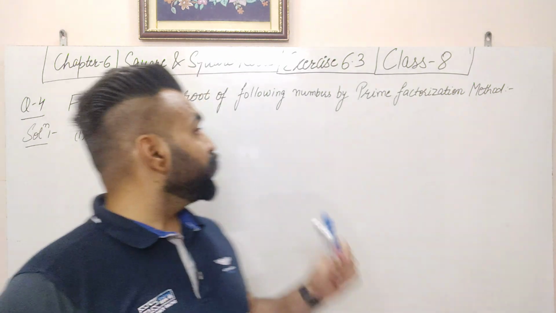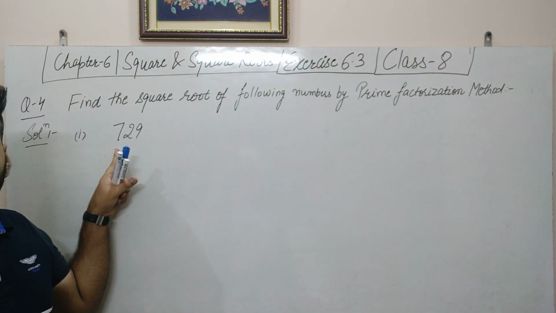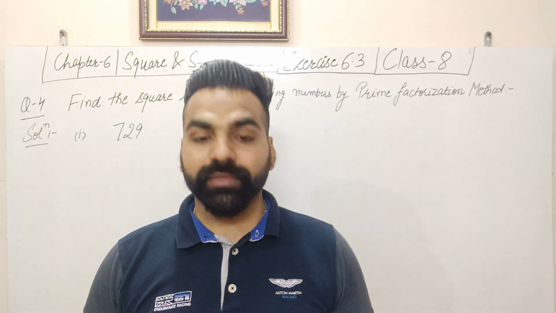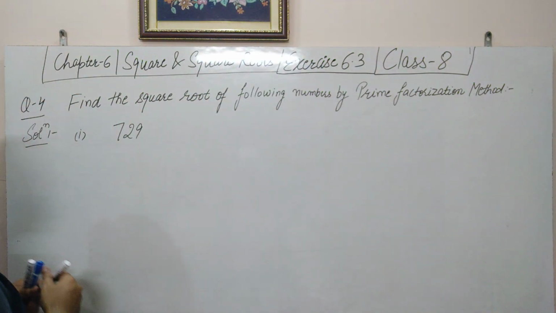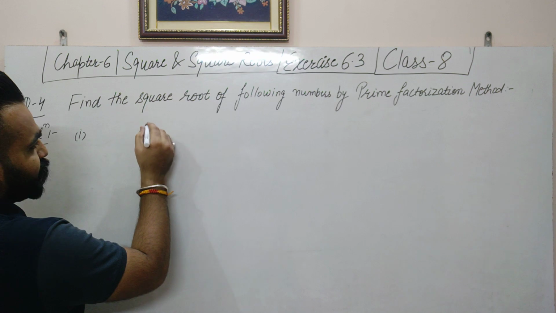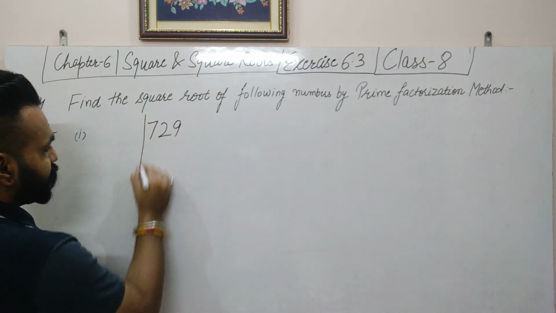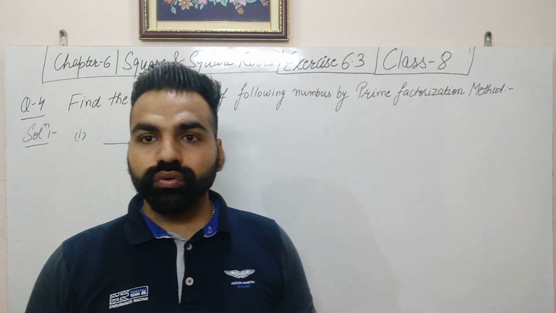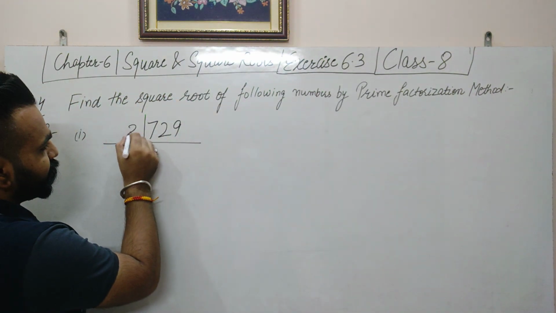First of all, the first number is 729. The first step is to find the prime factorization of 729. Since it is an odd number, the first factor cannot be 2. The first factor will be 3.